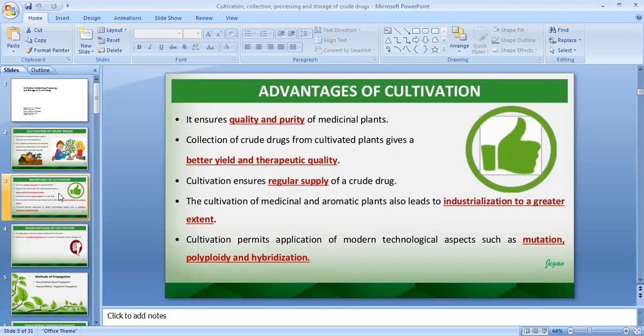The cultivation of medicinal and aromatic plants also leads to industrialization to a greater extent. Cultivation permits application of modern technological aspects such as mutation, polyploidy, and hybridization.